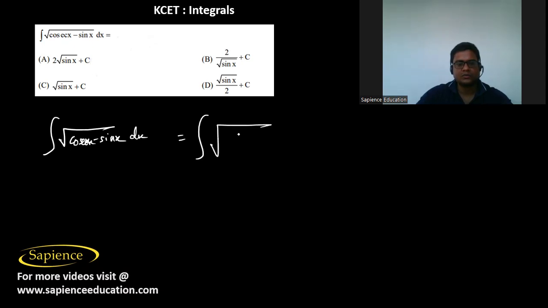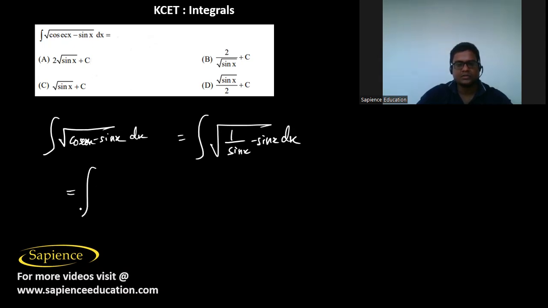Then here it is told to find the integral root over cosec x minus sin x dx. So this we can write as integral root over 1 by sin x minus sin x dx.